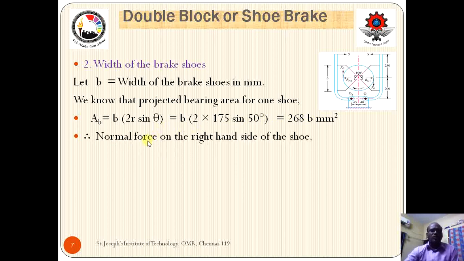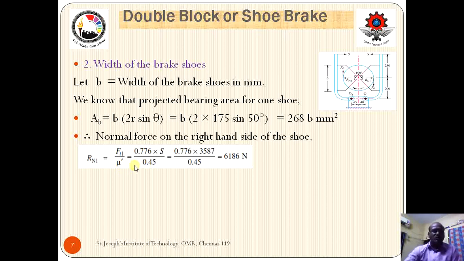Already we know the formula to find Rn1. We have two reaction values, normal reaction Rn1 and Rn2, and we have to find which is the highest value. So Ft equal to mu Rn, or Rn equal to Ft1 by mu. Already you have found Ft1 and Ft2, and you know the S value.